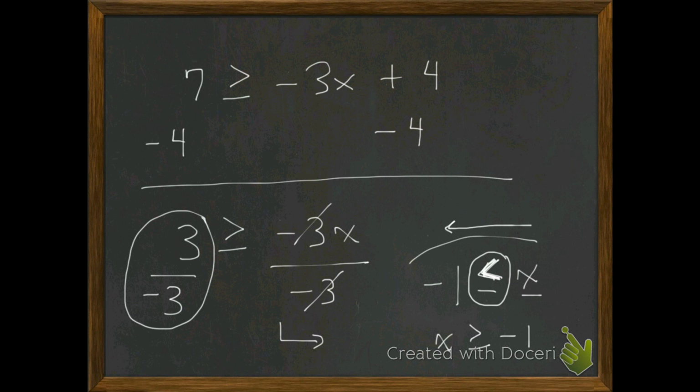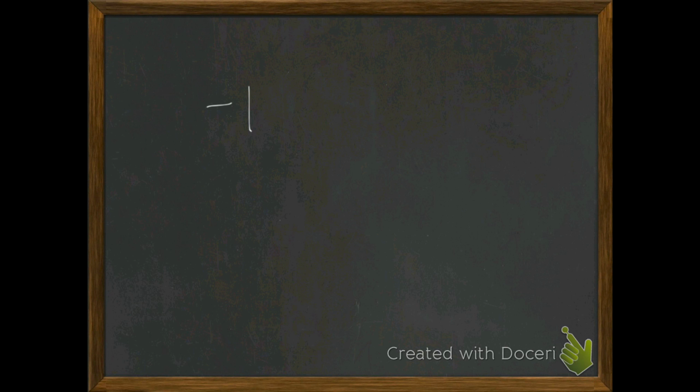So guys, these two statements right here are equivalent. They're saying the same thing. Negative 1 less than or equal to x is the same thing as saying that x is greater than or equal to negative 1. Because notice again, the open part right here is pointing toward the x.